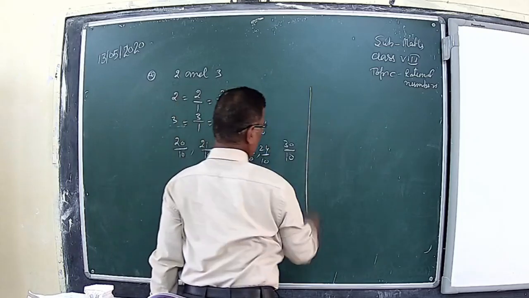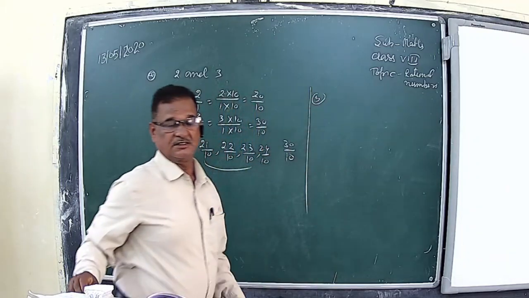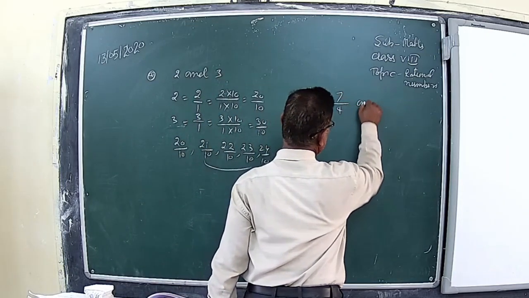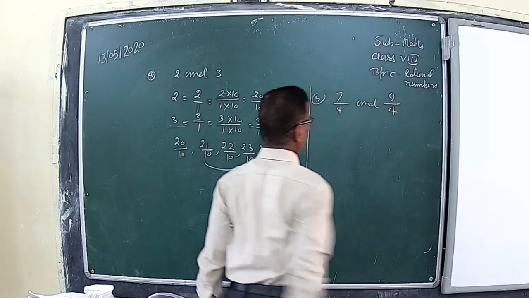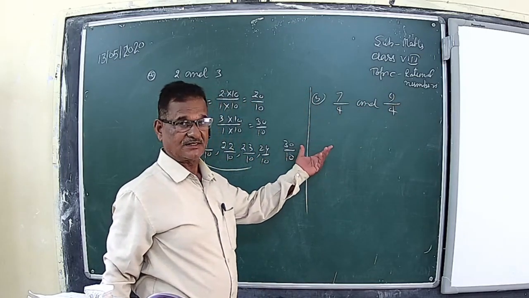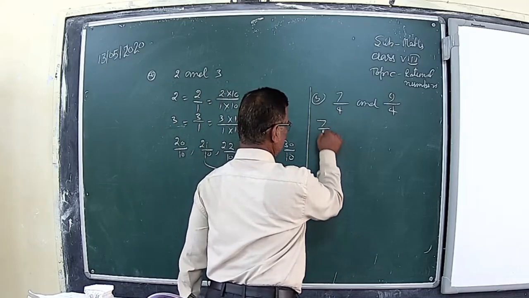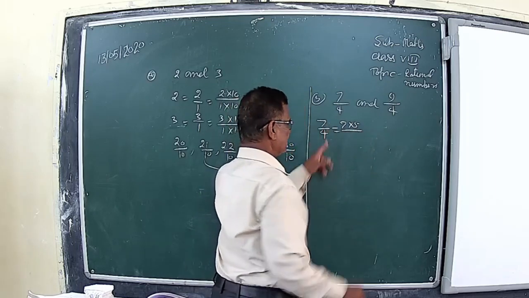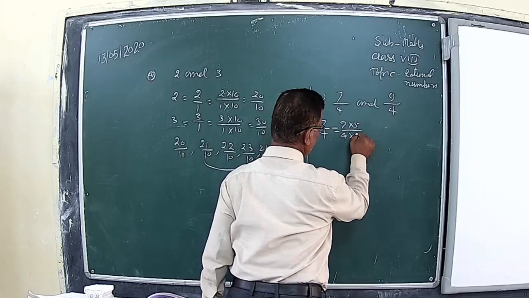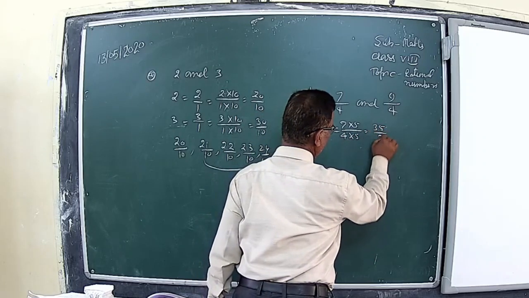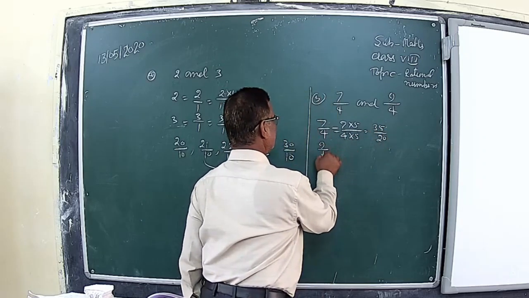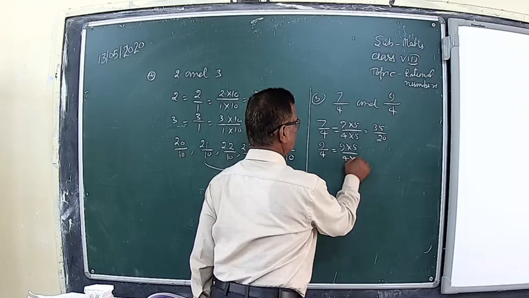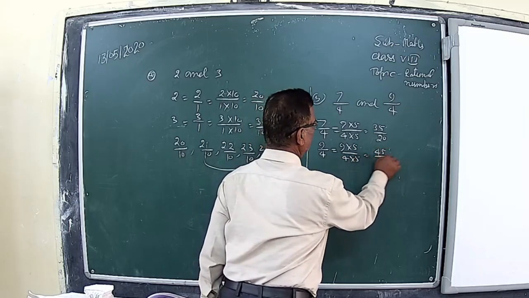Now, we also see here 7 by 4 and 9 by 4. Now convert this into equivalent fractions. 7 by 4 is equal to 7 into 5, multiplying by 5 with numerator and denominator, and 4 into 5 is equal to 35 upon 20, and second, 9 upon 4 is equal to 9 into 5 over 4 into 5, which is 45 upon 20.